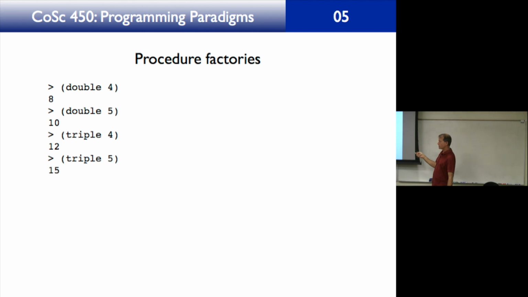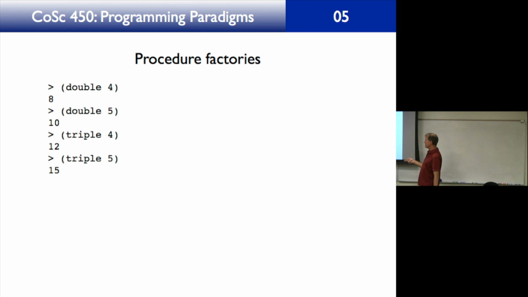And if I asked you to write triple just from scratch, you could do it. But instead of going that route, we're going to have a factory that produces this. And instead of you writing it, you just go to the factory, and the factory will return the function for you already built. Are you with me?